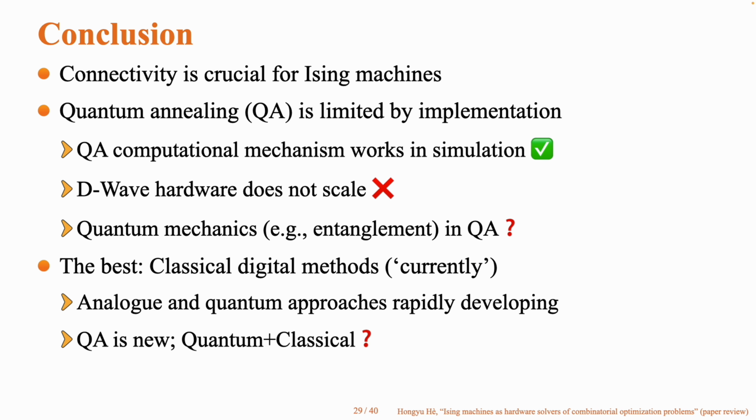And the best solutions are the classical digital methods that we currently have. But this is really new, right? Quantum annealing was only introduced recently and is only now being tested physically. So people are also looking to other potential solutions, like combined quantum and classical solutions.